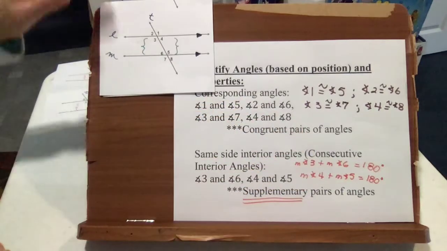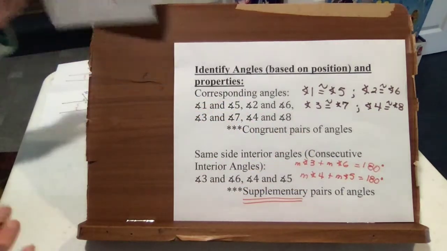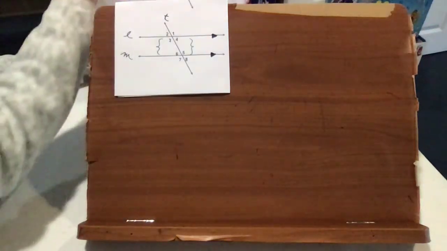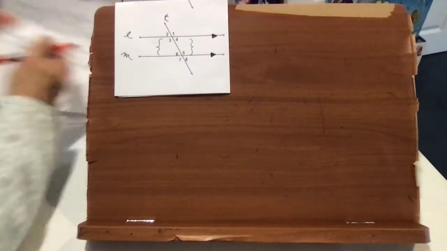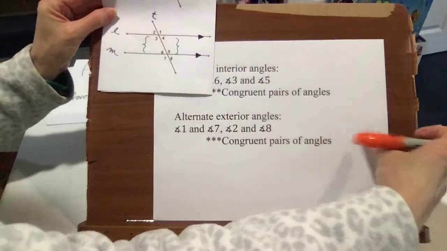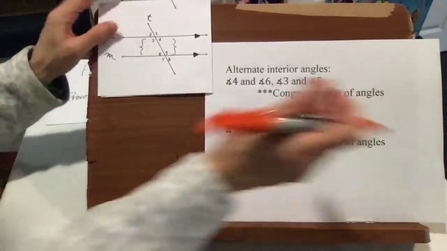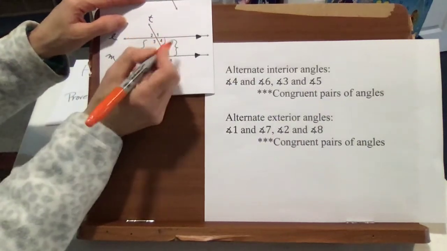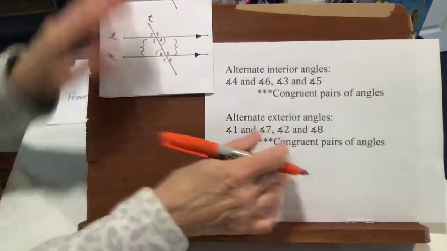So that unique relationship is for those angles, the consecutive interior angles. For alternate interior angles, which are our angles 4 and 6 and 3 and 5, they're congruent.